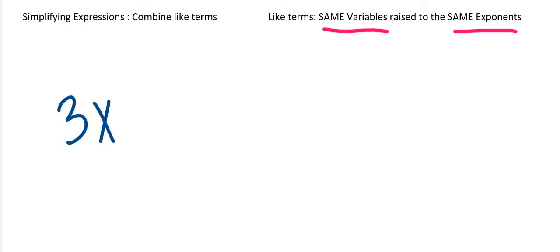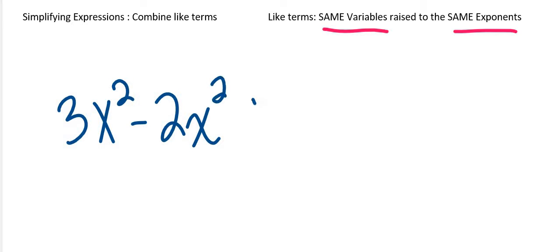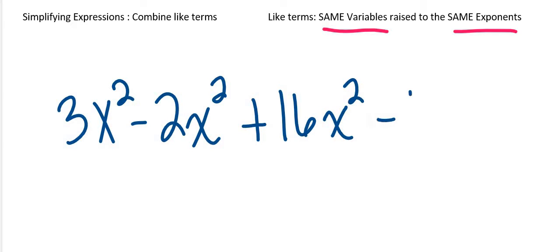What about 3x squared minus 2x squared plus 16x squared minus 4x squared? All of my terms have the variable x and they are all raised to the power of 2.